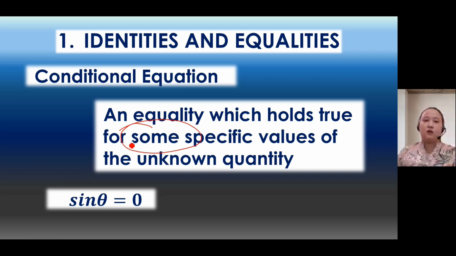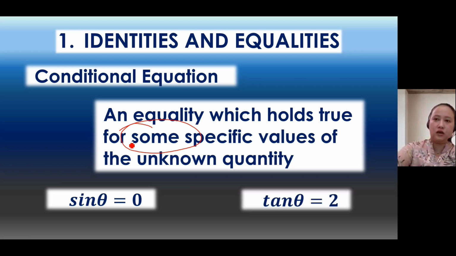Okay, so an example is sine theta equals 0. Before I show the solution, this is actually trial and error when we would like to check or use values to substitute for theta. This is again trial and error, the same with the identity equation a while ago.